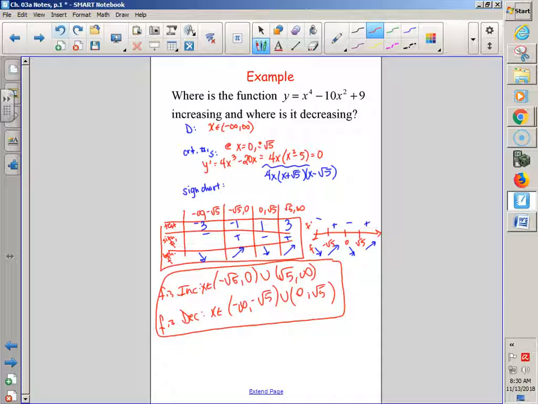A relative min. What kind of smooth turn's going on at 0? A relative max. And what kind of smooth turn at rad 5? A minimum. How do you know? Because of the sign changes, and the fact that they were critical numbers, smooth turns. If they were sharp turns, they would have also been relative mins and maxes.